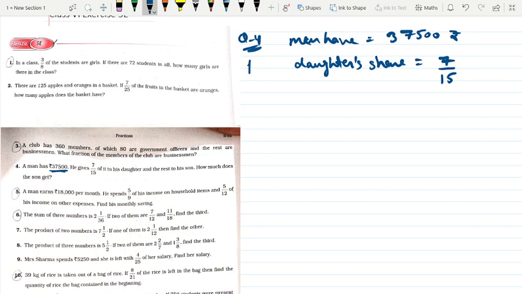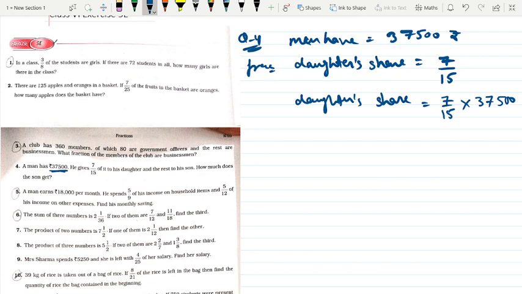This one is the fraction, so daughter's share will be 7 upon 15, the fraction of the daughter, multiplied by the total amount the man has, 37,500.